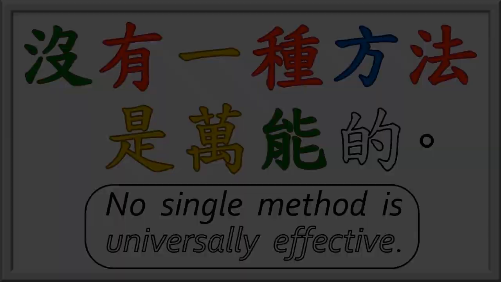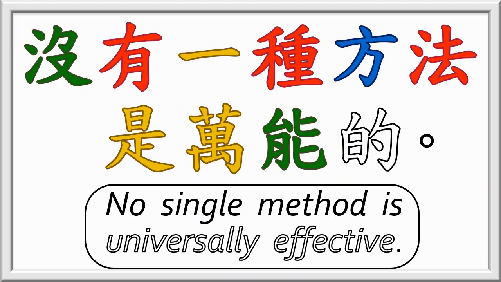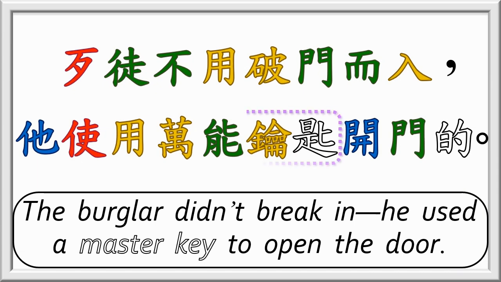To express the idea of all-powerful, the phrase to use is 万能。没有一种方法是万能的。No single method is universally effective. 歹徒不用破门而入，他使用万能钥匙开门的。The criminal didn't break in.